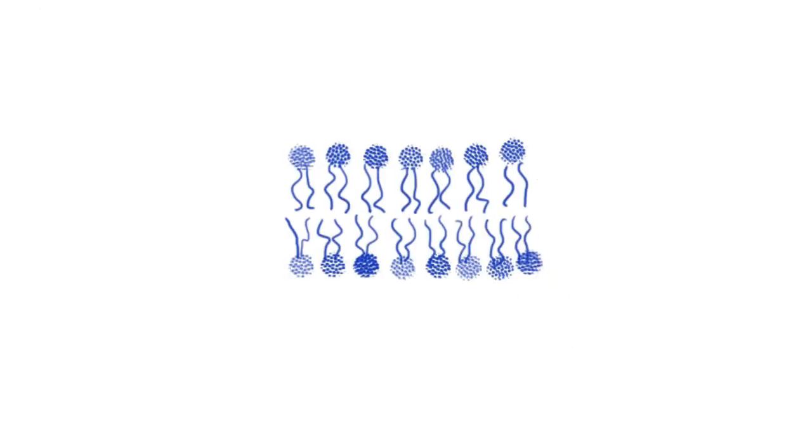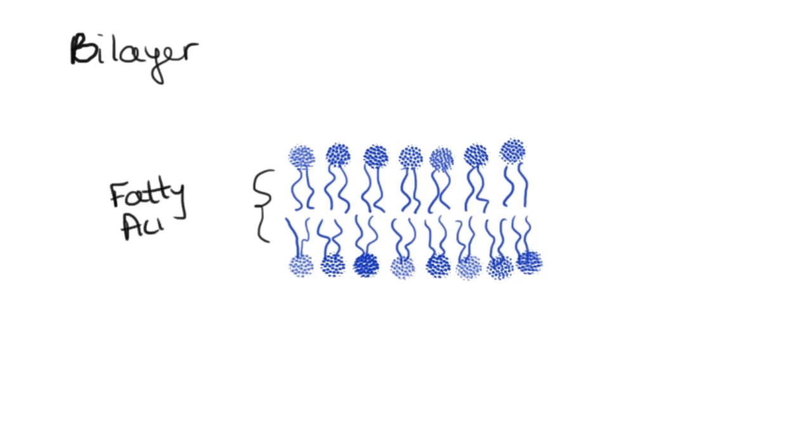Here we have a look at what we call the bilayer of the cell, which shows the general arrangement of the phospholipids. The phospholipids form two layers, and those layers orient themselves so that the inside of the membrane has all of the fatty acid tails. Because it contains all of the fatty acid tails, that area is very hydrophobic.